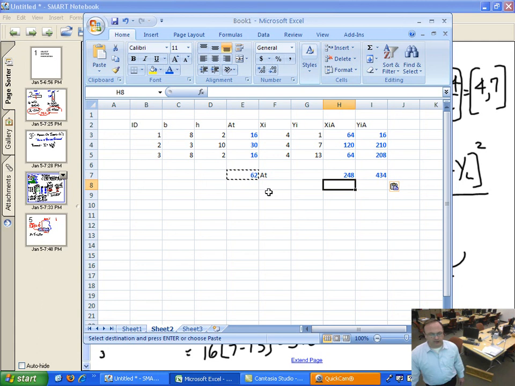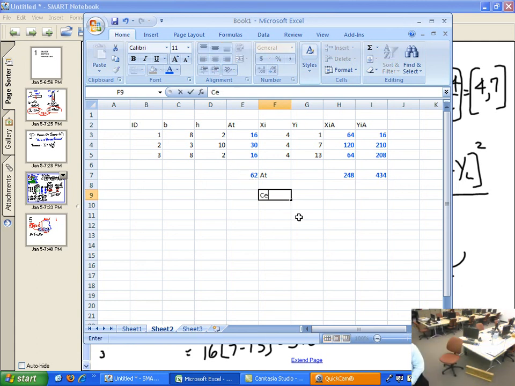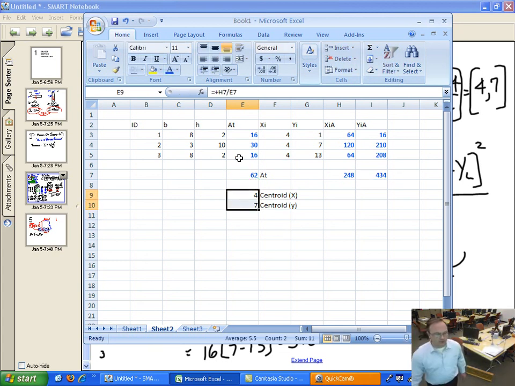Paste those over for my XA, YA, and my centroid X, and my centroid Y. My centroid X is XA divided by AT, and centroid Y is YA divided by AT. Once again, we can bold these.